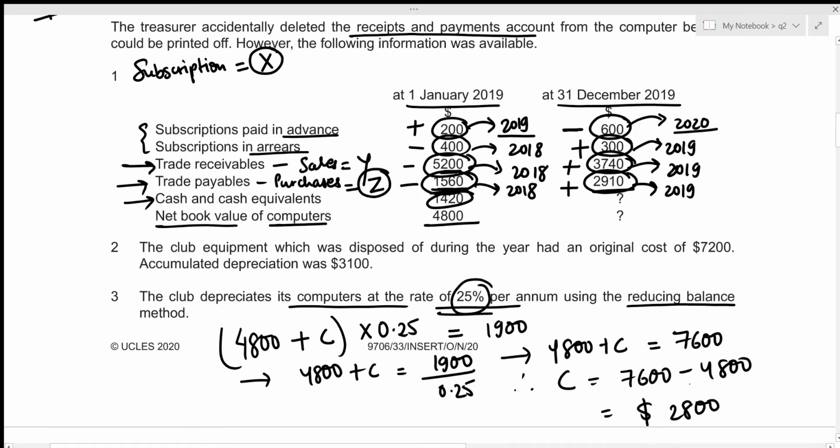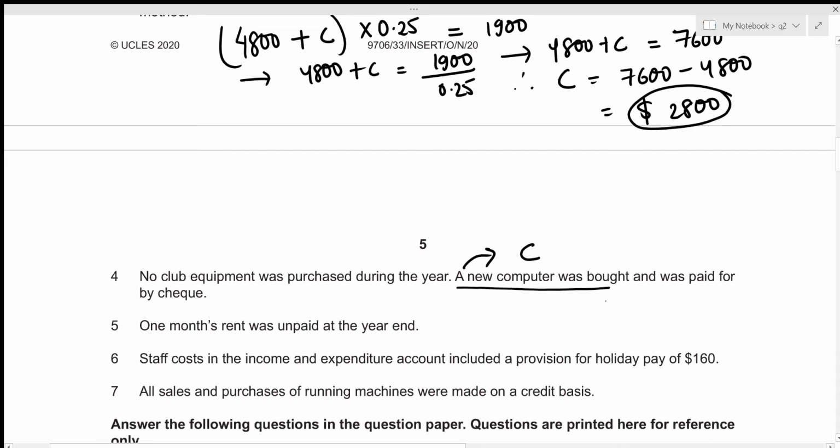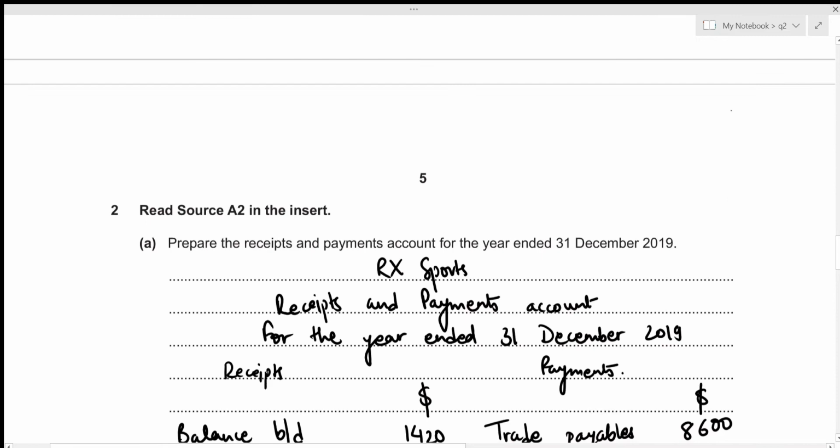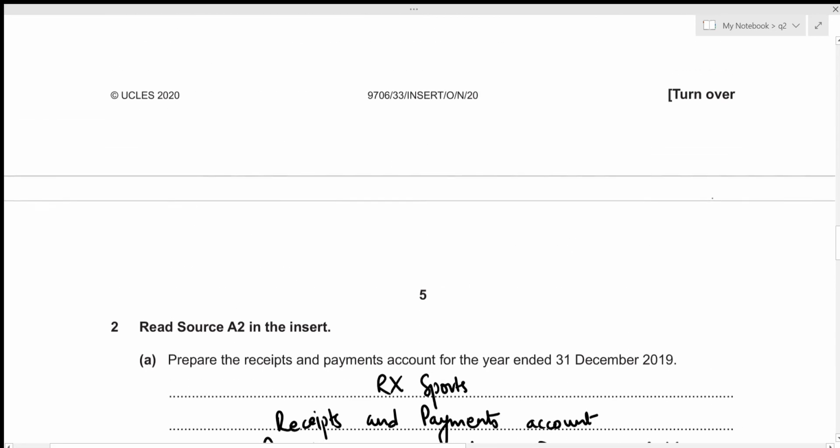So this is the cost of the new computer, and we were told that it was paid for by check, which means that this is a payment to be included in our receipts and payment section, and this is definitely something that goes towards our credit side. So let's write it down under the heading of computer. That's 2800.